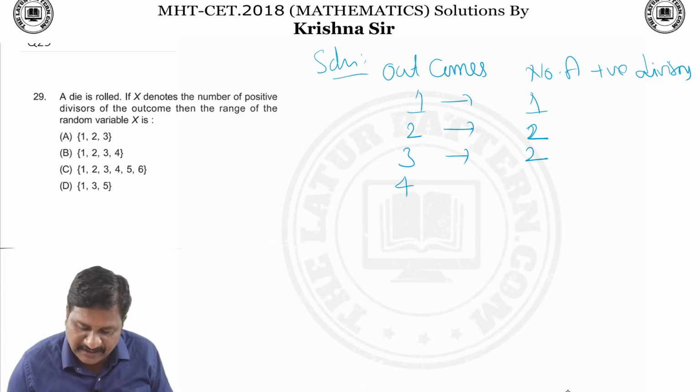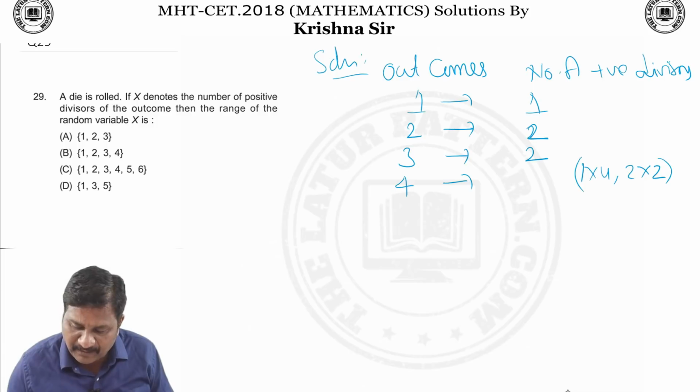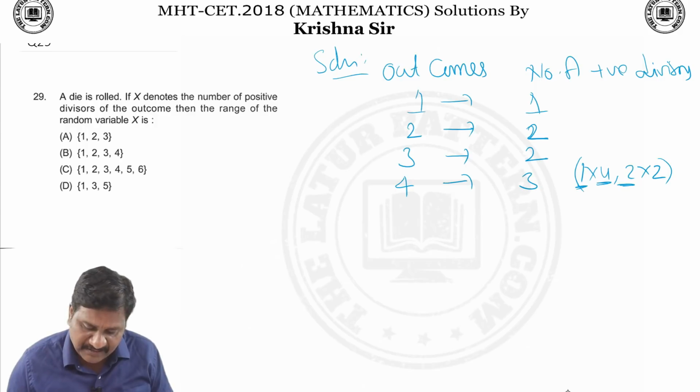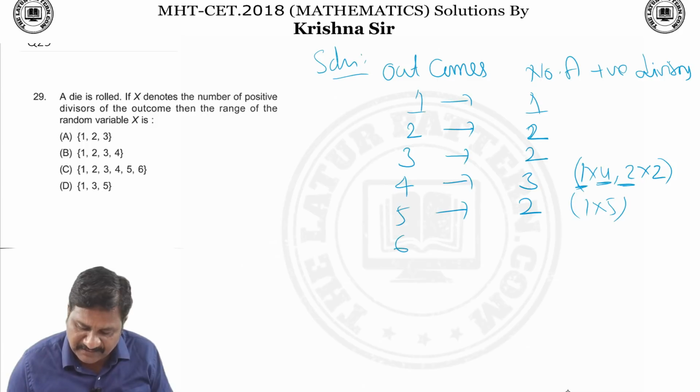Next, 4 be the outcome, then 1 into 4 and 2 into 2. So the positive divisors are 1, 2, 4, that is 3. Similarly, 5. The number of positive divisors of 5 is 1 into 5, that is 2. Similarly, 6.